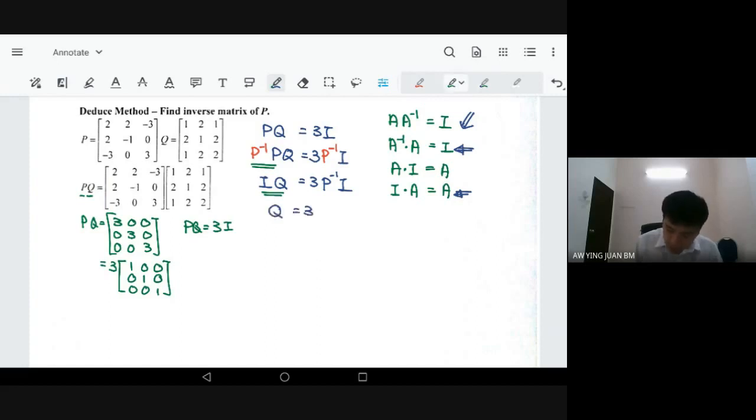Focus on this part as well: P inverse multiplied with the I, again we will obtain the P inverse.